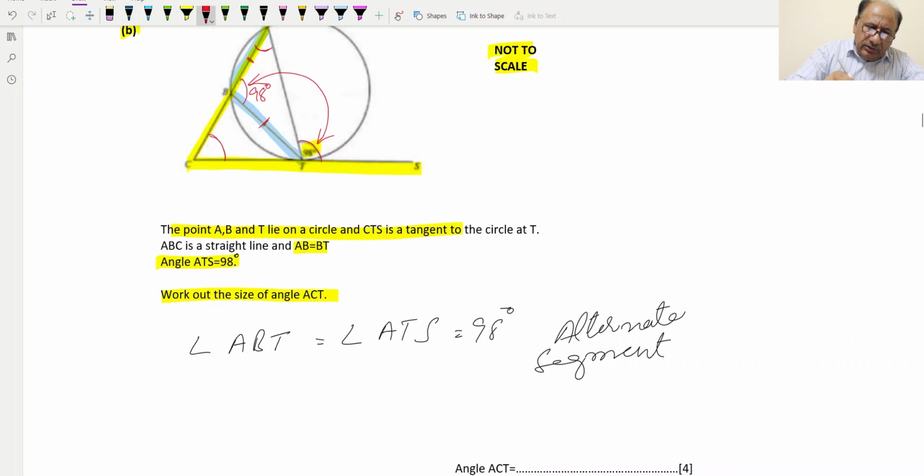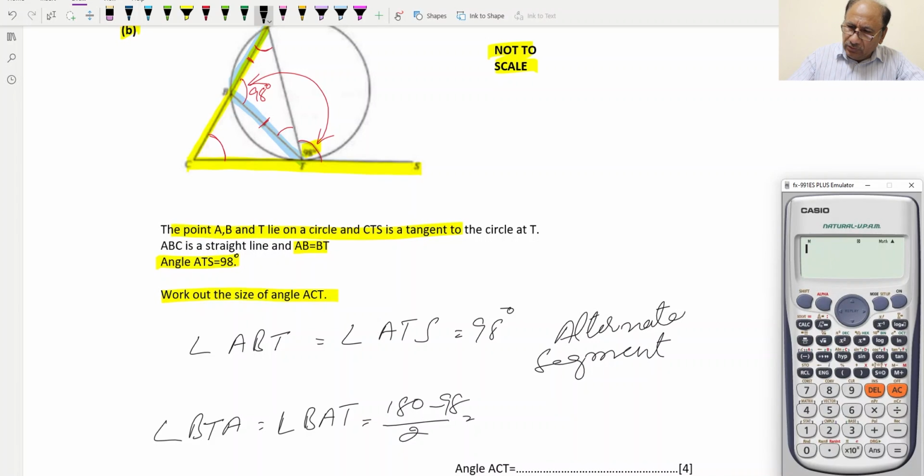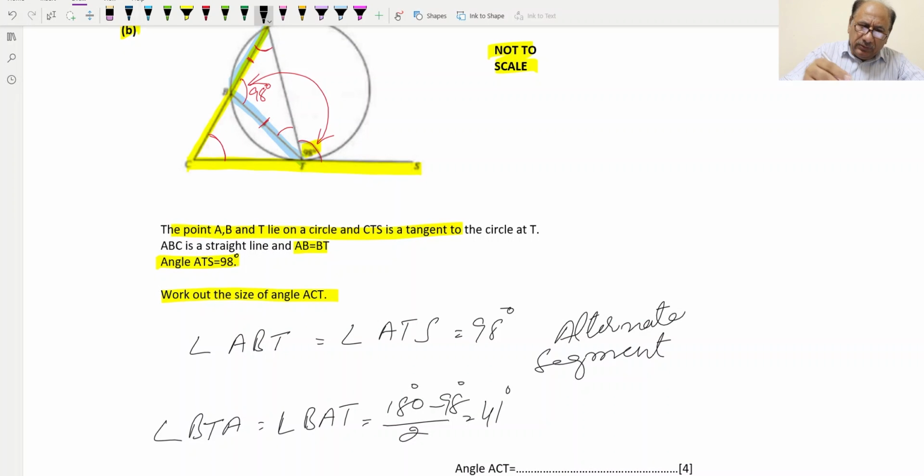So angle BTA is equal to angle BAT, and both will be equal to 180 minus 98 divided by 2, and this will be equal to 41 degrees. This will be 41, and this one also 41.